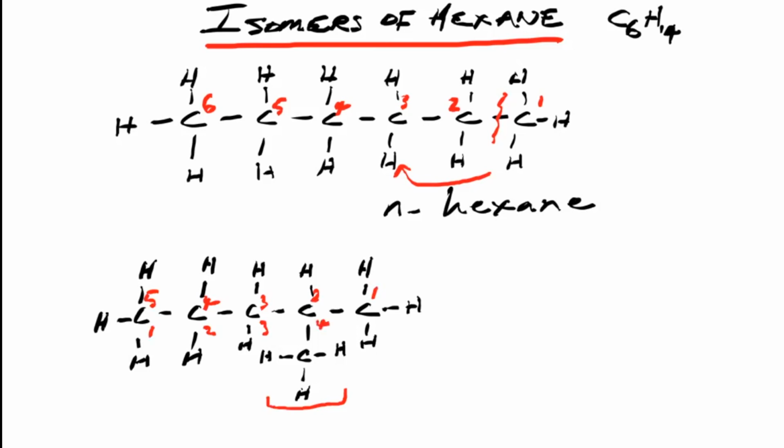So we pick 2 because 2 is less than 4. The rules for naming say that we should always number in such a way that if there's a substituent or a group, it gets the smallest number. All right, so let's see if we can clear things back up.